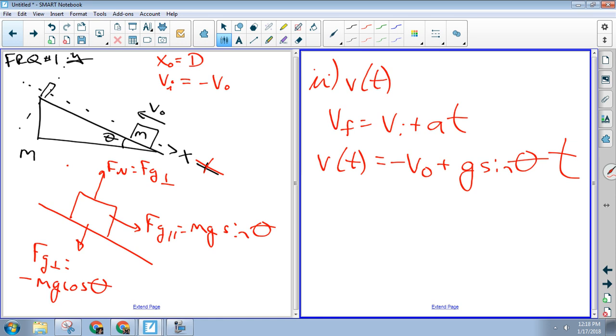Now, if you write g sine theta t minus v naught, great. Obviously you can rearrange this algebraically, but that's the answer. Cool? Any problems? Adam, you good? Talk to me. You walked in the door and said, wasn't that one really easy? And I said there were some common mistakes. Sounds like you fell into that camp.